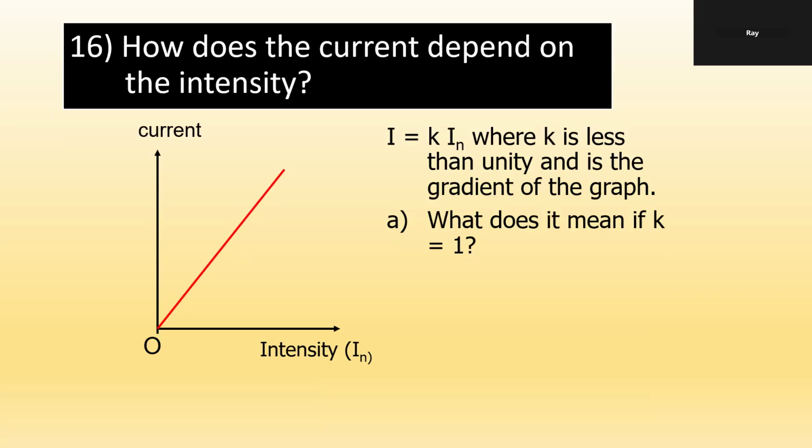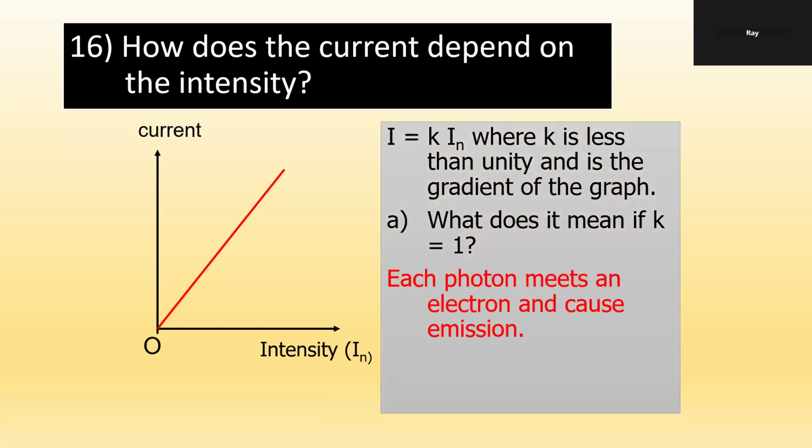So what does k mean? Everything is directly proportional. That means each photon means an electron. That's why k equals 1. Each photon means an electron and causes emission.